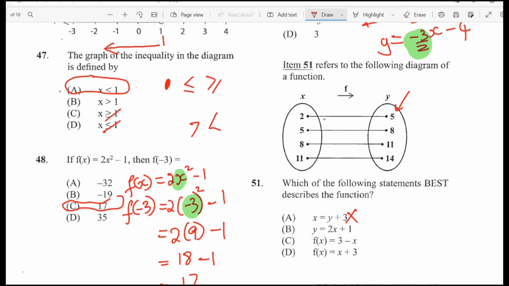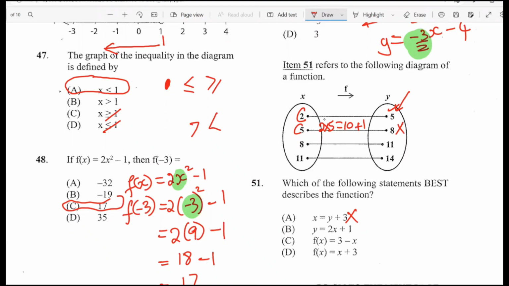Y is equal to 2 times x plus 1. So if I multiply that by 2 and then add 1, do I get that? Yes. If I multiply this by 2 and then add 1, do I get that? No. Because 2 times 5 gives me 10. And if I add 1, it's not 8.